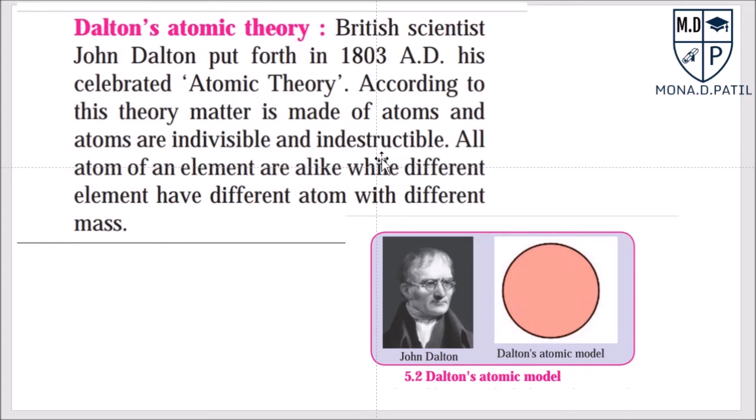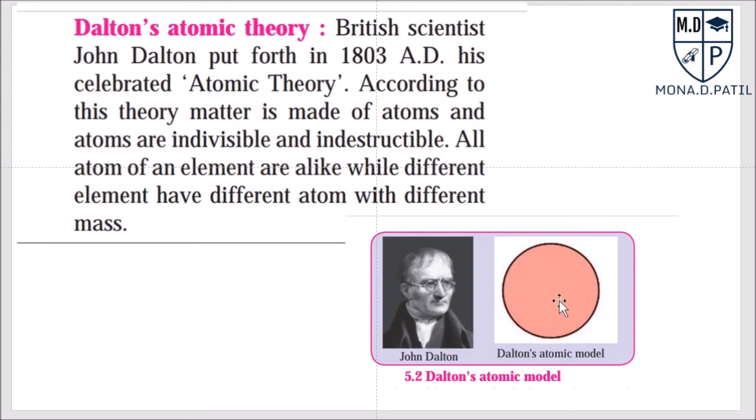It means no force can divide the atom. All atoms of an element are alike, while different elements have different atoms with different mass. Here mass means the content present in the substance. Here you can see the picture of John Dalton, and according to Dalton's theory, the atom is a massive sphere. Just a massive sphere.